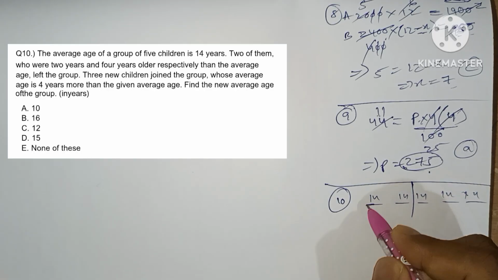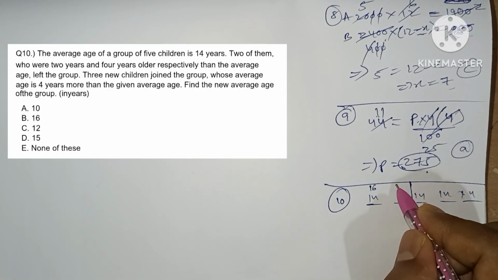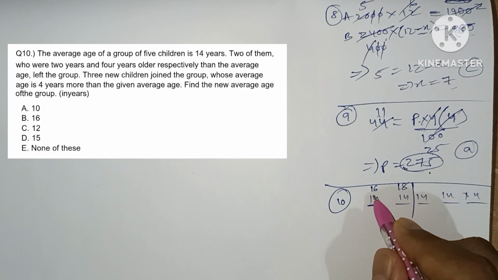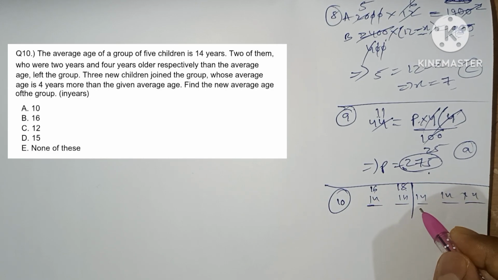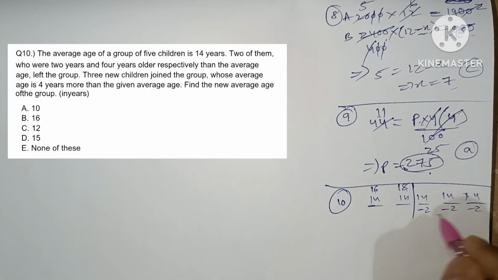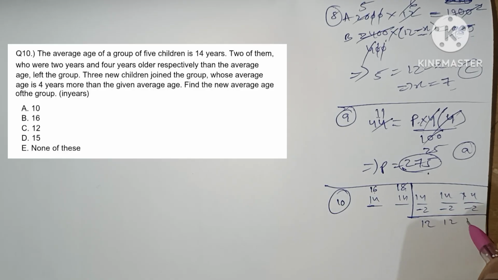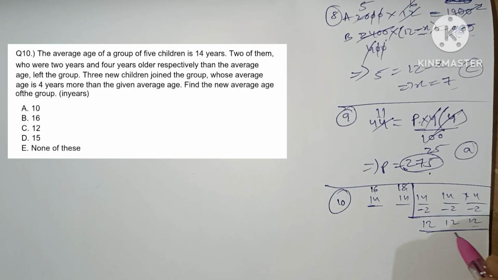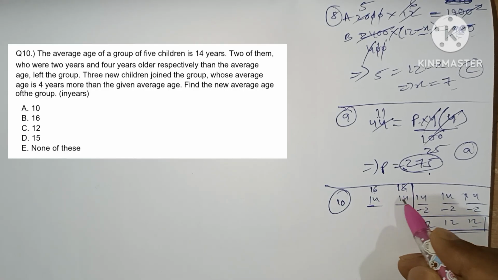So two people are 2 more than the average and 4 more than the average, totally 6 more. Let's reduce these two by 6, so what we are left with is 12, 12 and 12. So the average of these three people is 12.